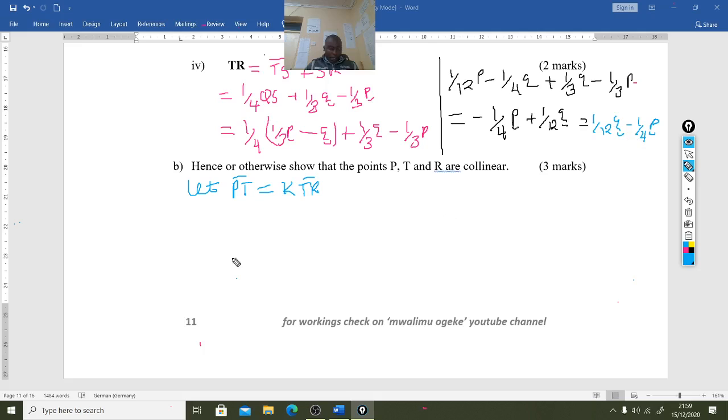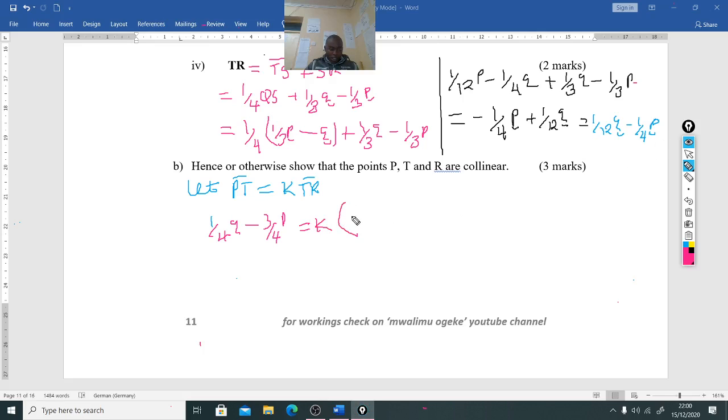If we let it to be that, so that means PT, I have PT from above, and we found it to be a quarter Q factor minus 3/4 P. This is equal to K into TR.